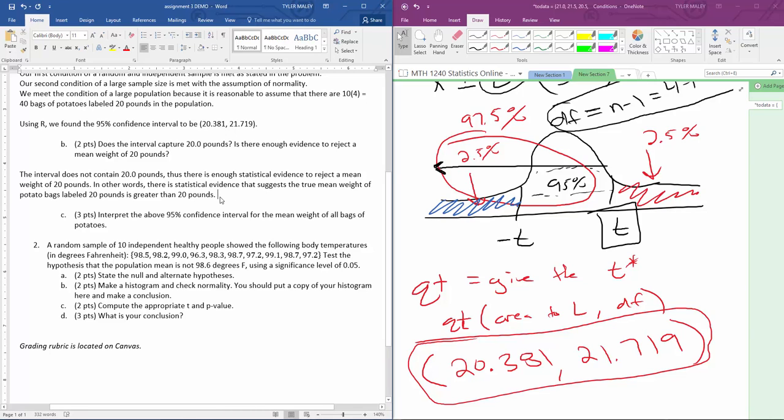So it seems believable that the potato bags actually have a higher mean weight than 20 pounds.